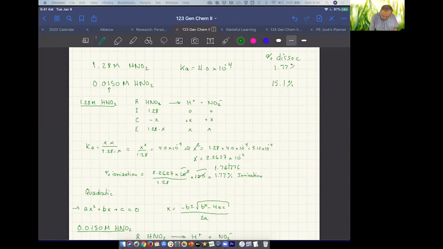So the weaker solution has a larger percentage of dissociation, and that is common and normal. So they're weaker, but they dissociate in a larger percentage than the more concentrated solutions. And that you can observe anytime that there is an acid-base equilibrium. Questions?